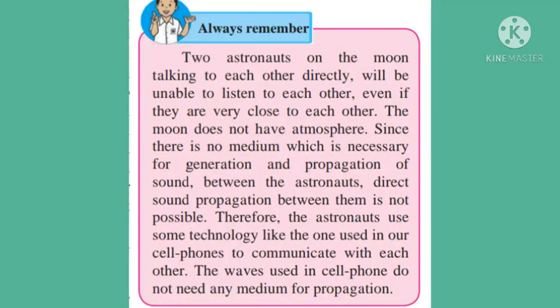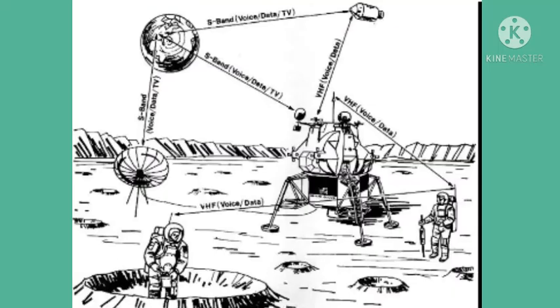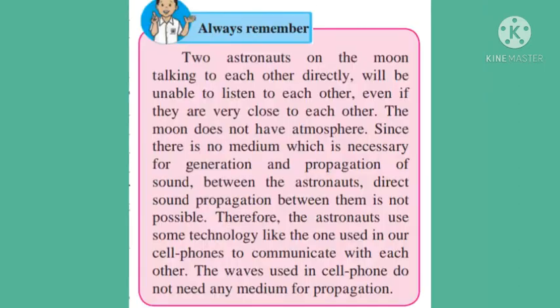Since there is no medium which is necessary for generation and propagation of sound between the astronauts, direct sound propagation between them is not possible. Therefore, the astronauts use some technology like the one used in our cell phones to communicate with each other. The waves used in cell phone do not need any medium for propagation.